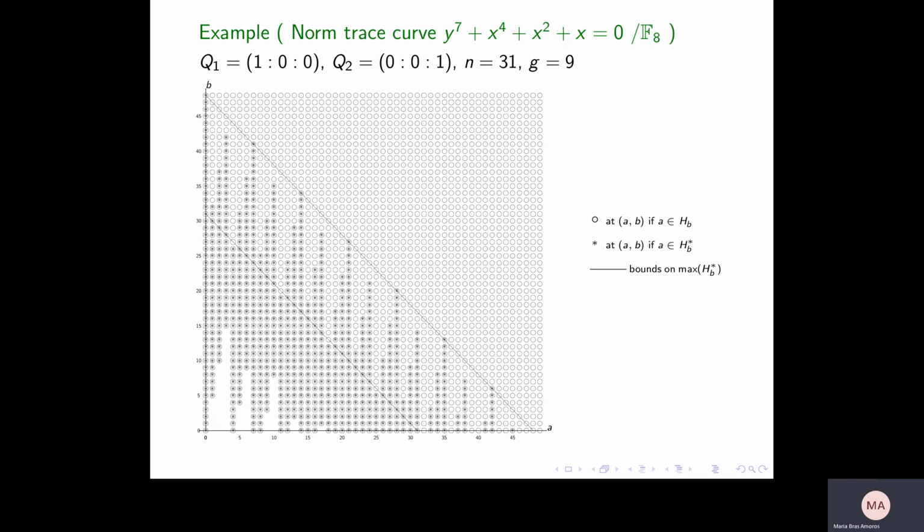In the graph, we depicted in the y-axis the values of B, and in the x-axis the values of A. For each A, B in the graph, we put a circle if A belongs to HB, and we put a star if A belongs to HB star.